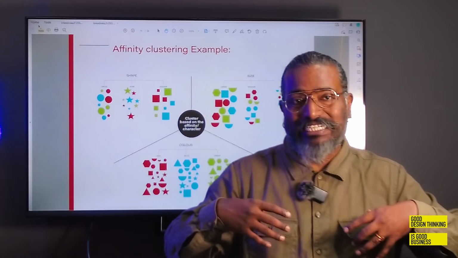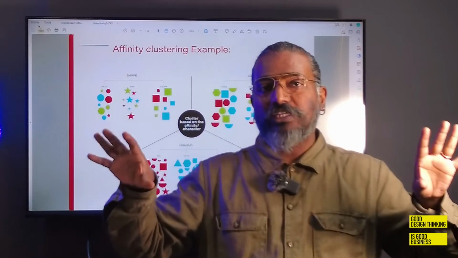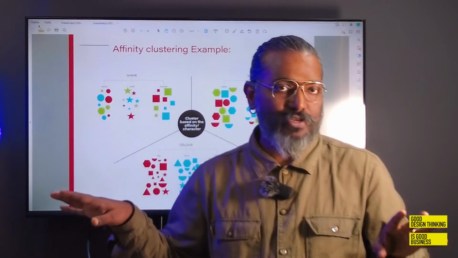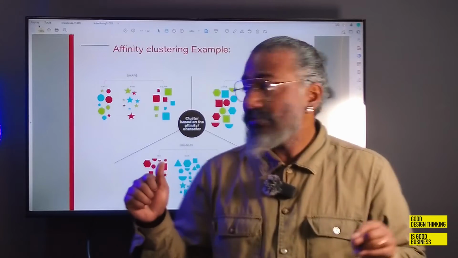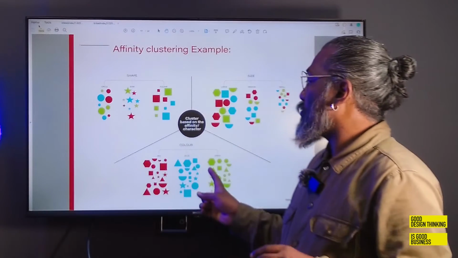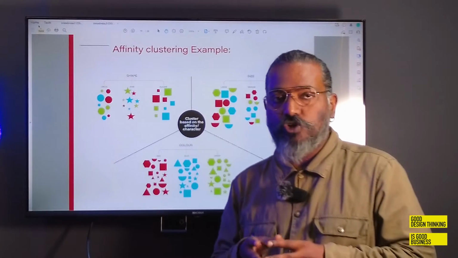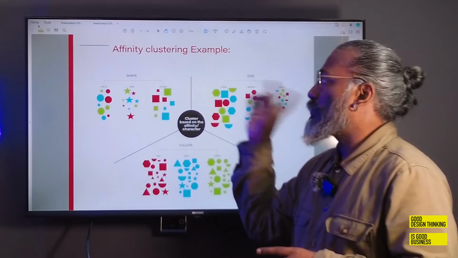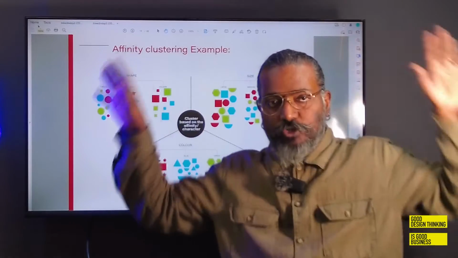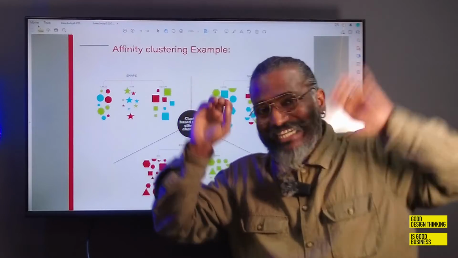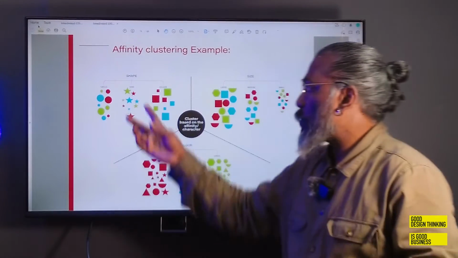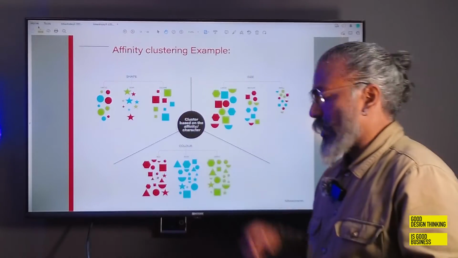Once you collect all that data, you'll put it on post-its. And then you will start using affinity clustering. You try to have 3, 4, or 5 clusters and make a title for each cluster, like the way we did for shape, size, color.